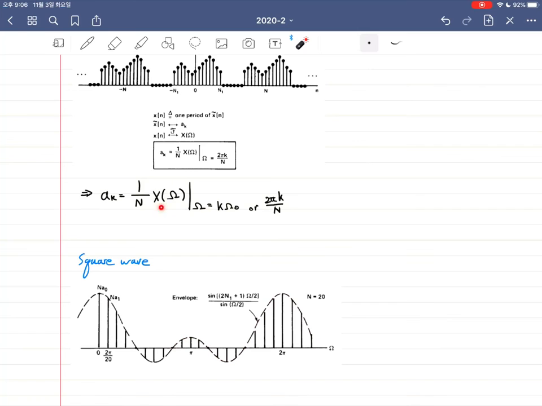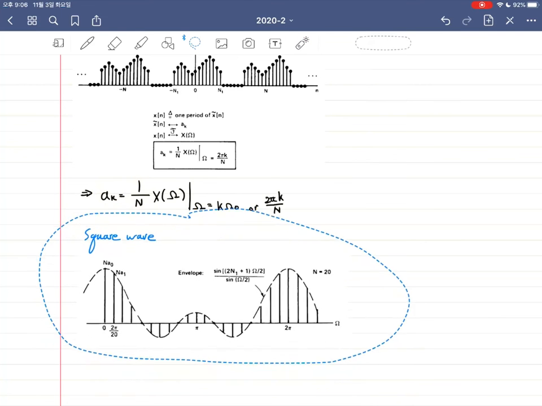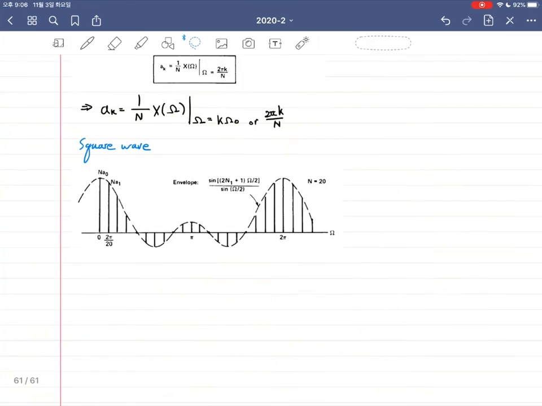And with that envelope, you can just insert this variable as the multiple of omega 0, which are marked like this. Okay? And if you divide that value by large N, then you can obtain this a_k. So that's the point that I wanted you to have.